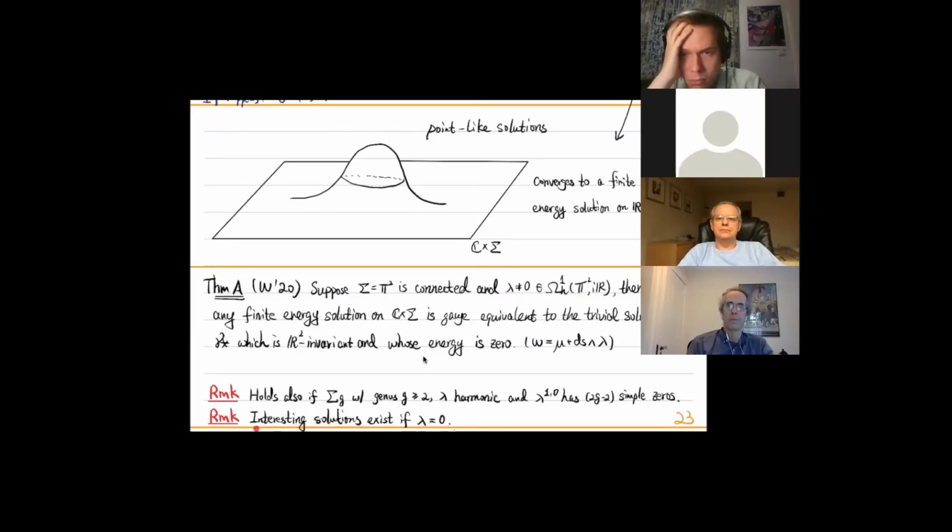And in this case, in fact, we can classify all point-like solutions on this product form manifold, but still we don't really want to work with them. It will break the compactness result.